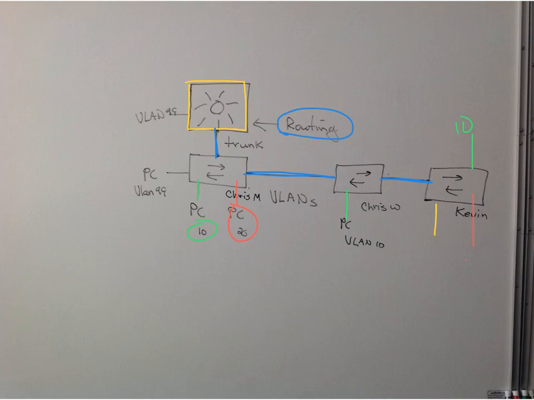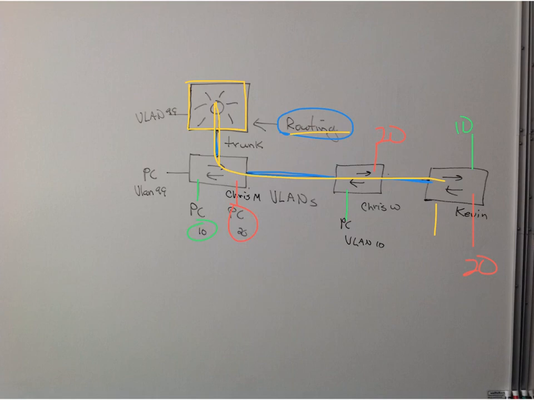Maybe we have one over here on 20, maybe here on 20. For those to communicate together, they would send their traffic. Traffic would have to go up to the router where it would get routed and then sent back.